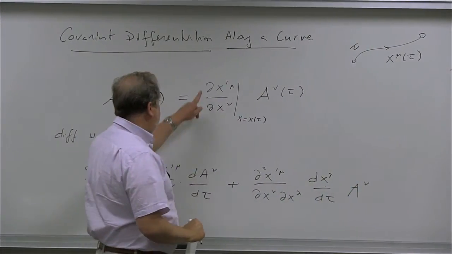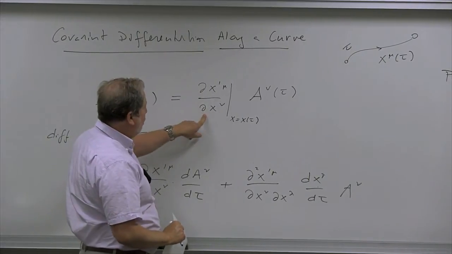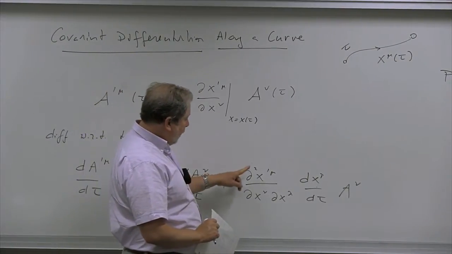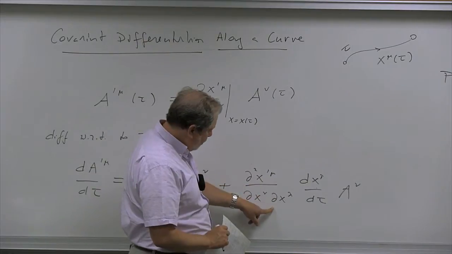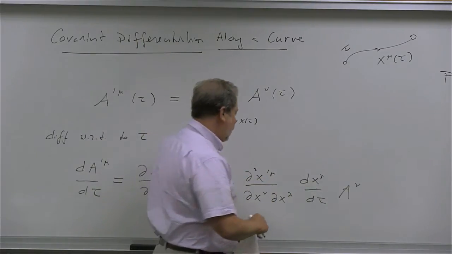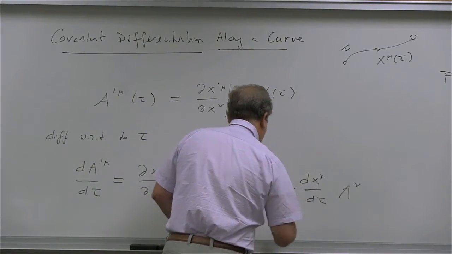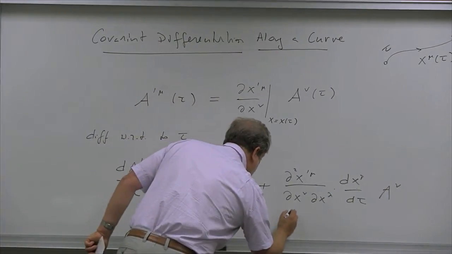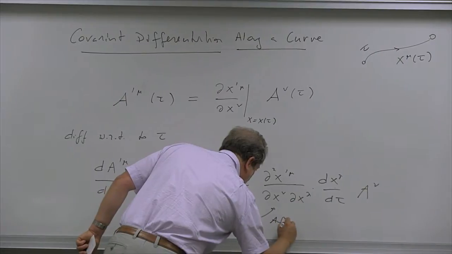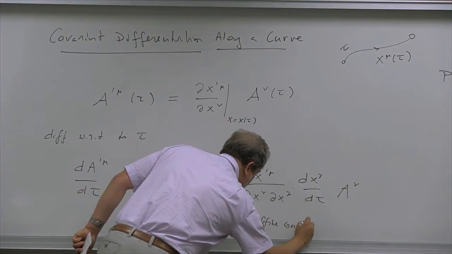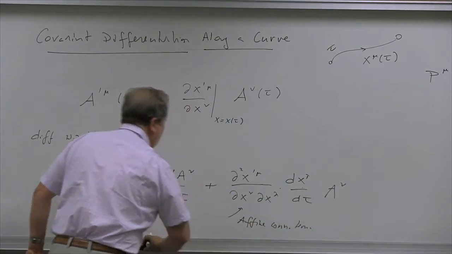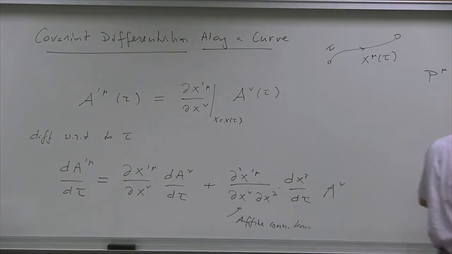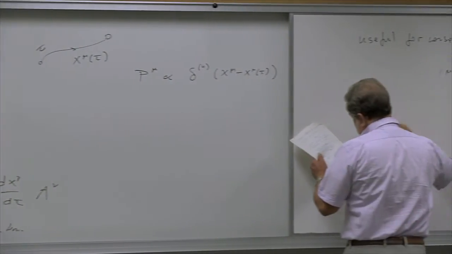So in the second term, we've taken the derivative of this prefactor with respect to tau, but we have written the derivative with respect to tau as the derivative with respect to x lambda and then dx lambda by d tau, right? So this is again an affine connection term.